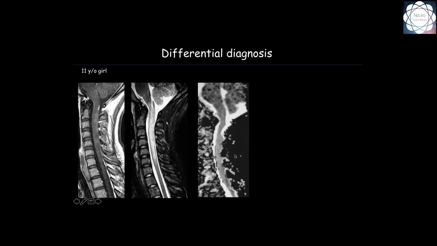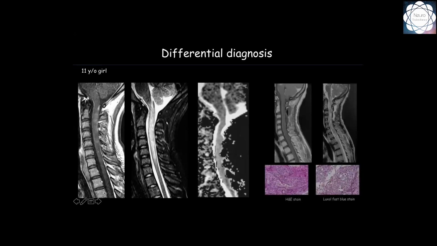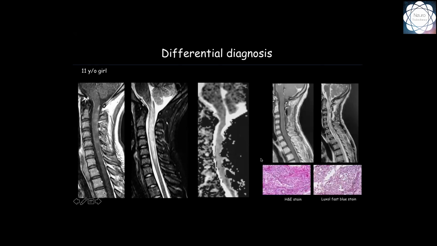And finally, just one differential diagnosis. This was an 11-year-old girl with this ugly, expansile lesion at the level of the cervical spinal cord, with heterogeneous enhancement and heterogeneous signal on T2 with these bright spots. The neurosurgeons decided to perform a biopsy very rapidly, and they administered steroids.